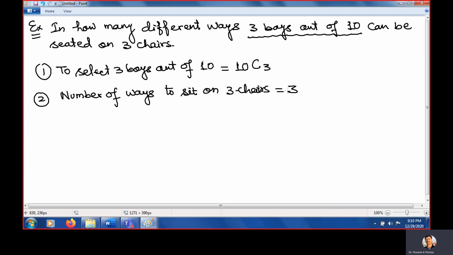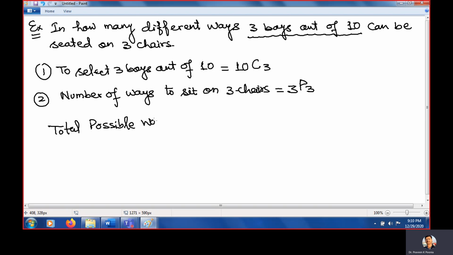We have chosen 3 boys and there are 3 chairs. So it is 3P3. Clear? So it is permutation because 3 chairs and 3 boys. First we are choosing 3 boys, then there are possible ways to sit on chairs. That is permutation. Clear?